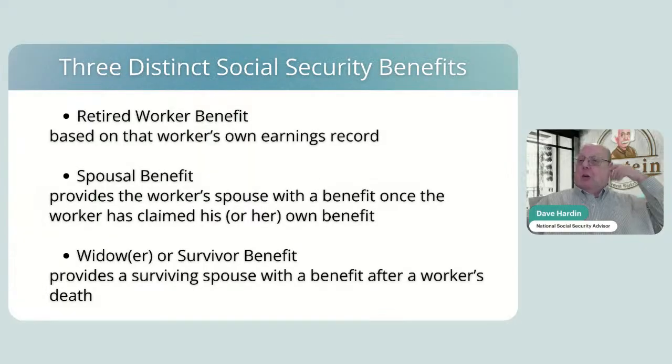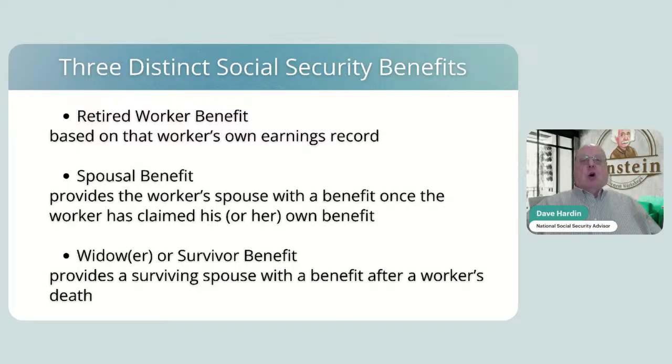Three distinct retirement benefits. The retired worker's benefit. That's the benefit that you get for the work, for the money that you earned and the contributions you made to Social Security. A spousal benefit. My spouse is eligible for a spousal benefit when I file, whether she worked a day in her life or not.